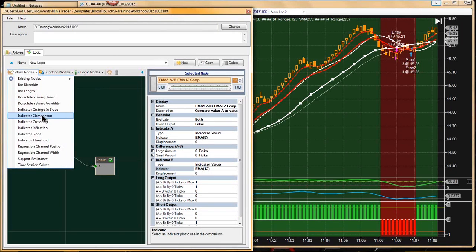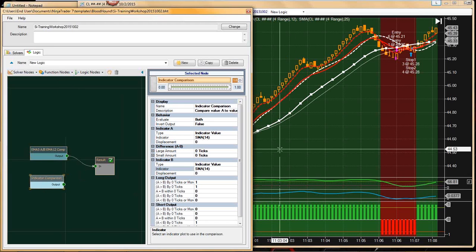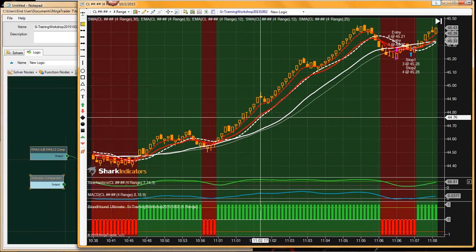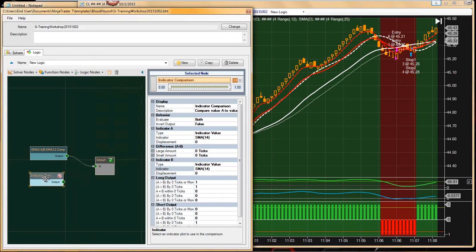I'm going to use the comparison solver again to look for when the two SMAs are within 8 ticks of each other. The second comparison solver is going to look for that condition of two indicator plots being within 8 ticks of each other. So let's connect this up.